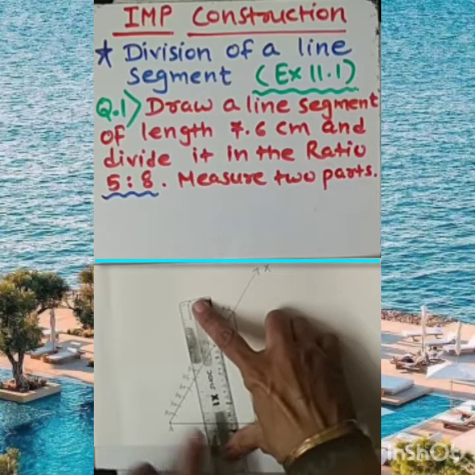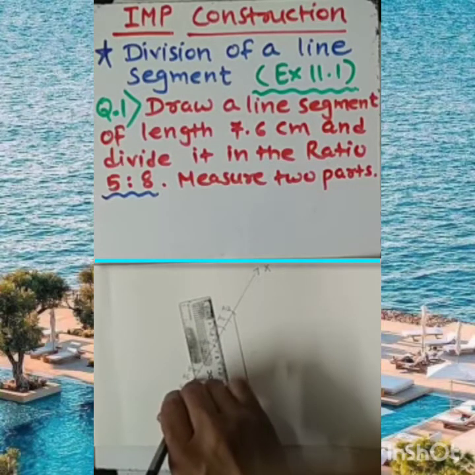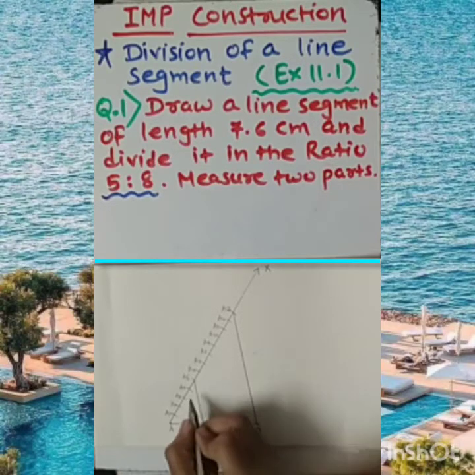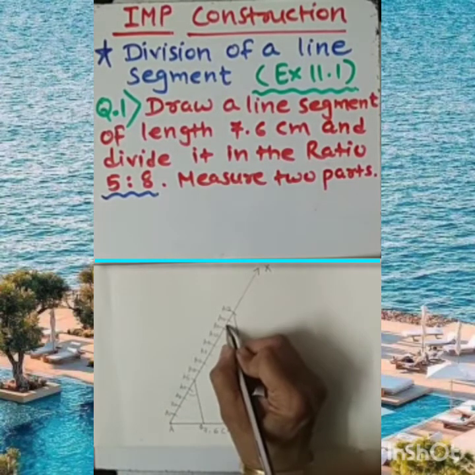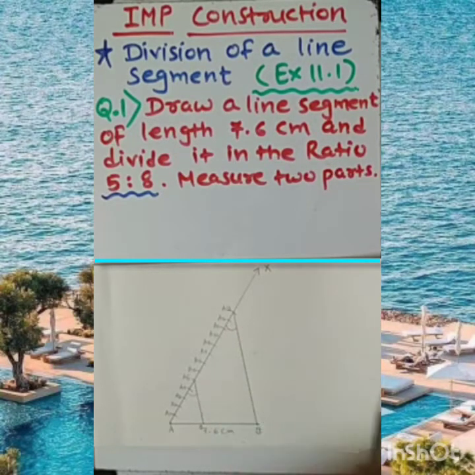I stop at A5, and this line is the parallel line, and I am calling this intersecting point O. We can see this angle and this angle must be similar, because this is actually a parallel line we are drawing. Now we can say that AO is to OB, the ratio of this is 5:8.